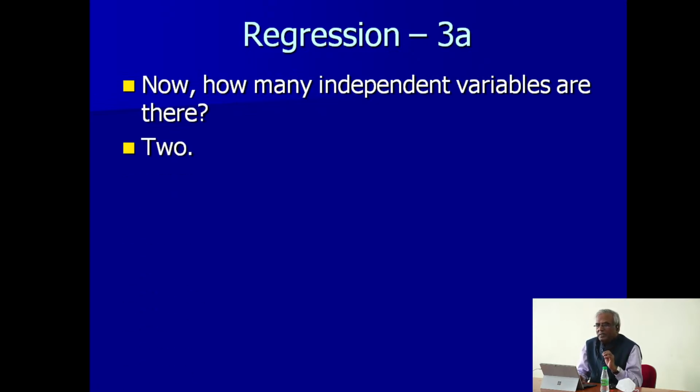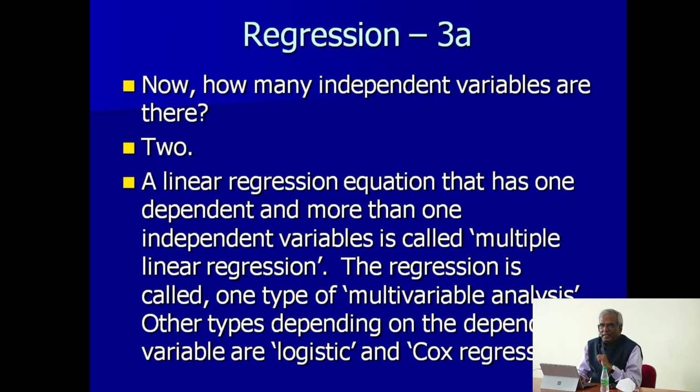Now, if you remember my first slide, I said outcome data can be measured in numbers, like HbA1c, blood pressure, cholesterol. If you are using a statin, to see what happens, cholesterol is the dependent variable.